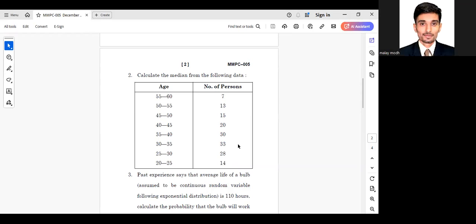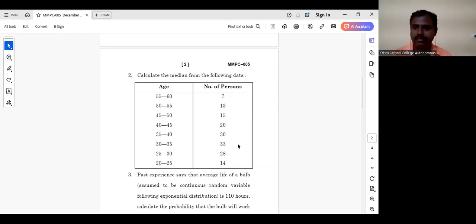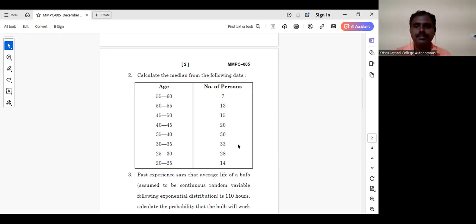Plus PCF is 75? It should be minus. PCF is nothing but you have to see the median class, the cumulative frequency before the median class, the previous cumulative frequency value you have to consider. Okay, 80 was the answer for N by 2, so before that, 75. That is divided by 30.